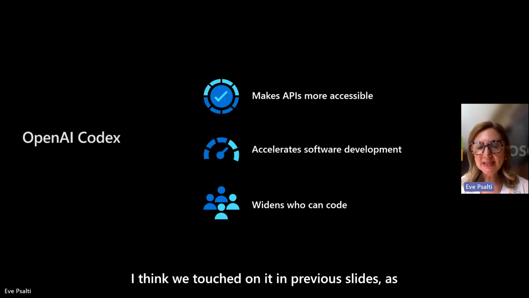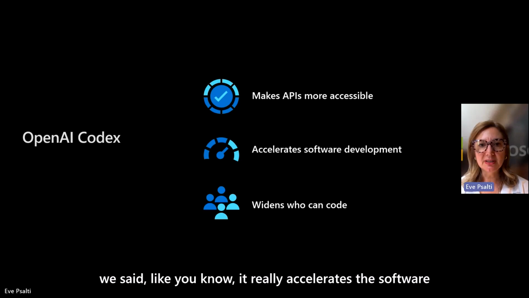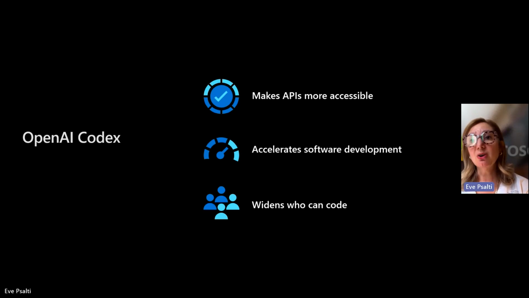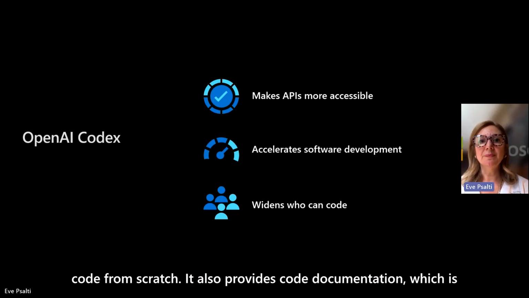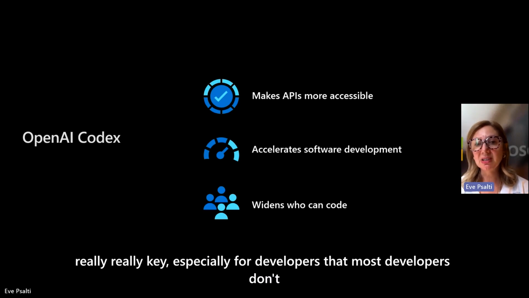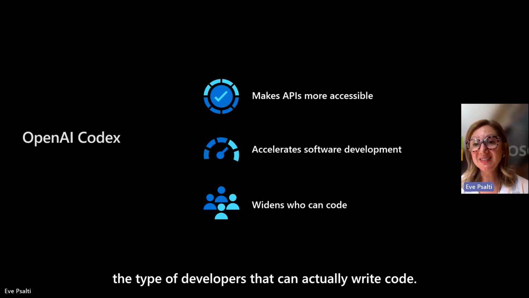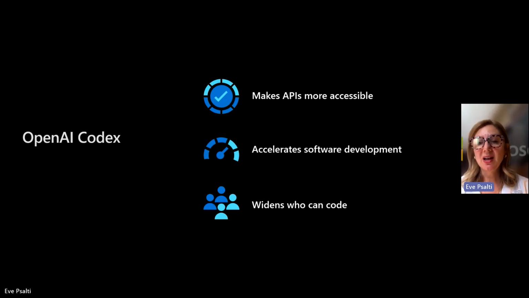So with Codex, I think we touched on it in previous slides. As we said, it really accelerates software development because you don't have to write code from scratch. It also provides code documentation, which is really key, especially since most developers don't want to do this work. And it also broadens the type of developers that can actually write code.